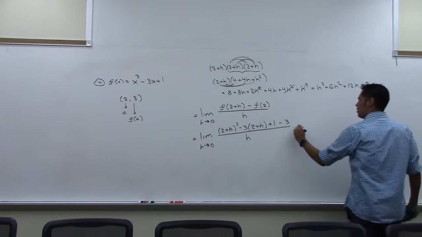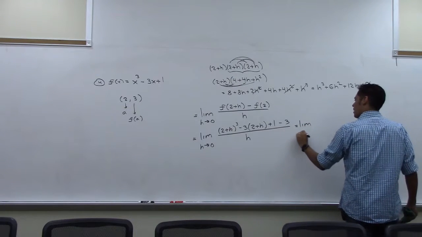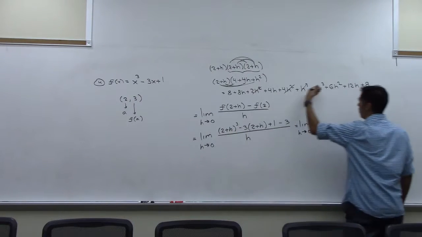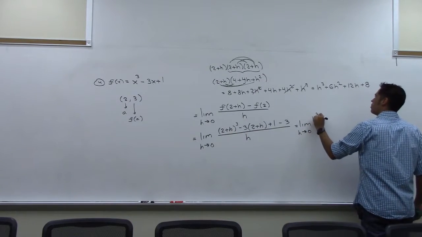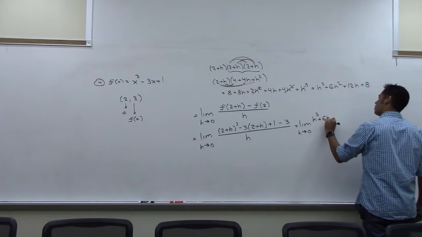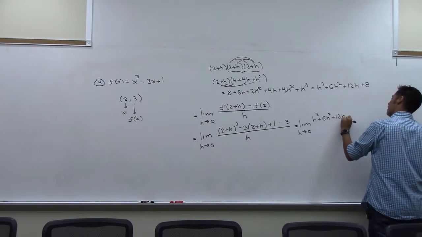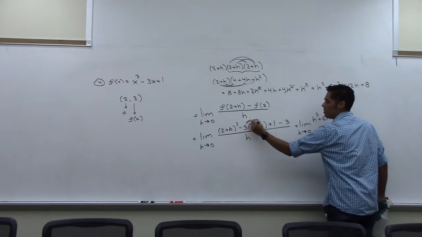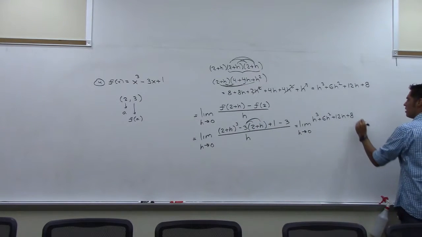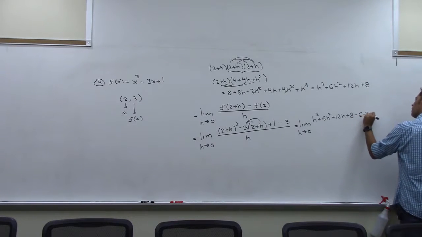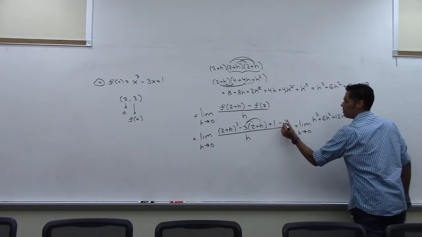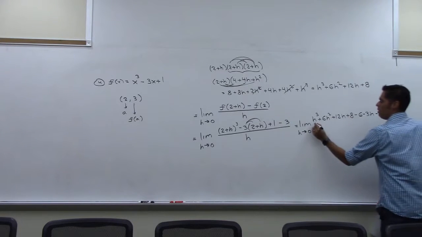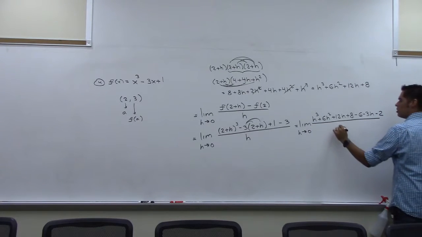All right, so this equals the limit as h goes to 0 of this piece right here, which is all of this, h cubed plus 6h squared plus 12h plus 8. I'm going to run out of room. Then distribute the minus: minus 6 minus 3h. And then plus 1 minus 3, that's the same as minus 2. All of this over h.